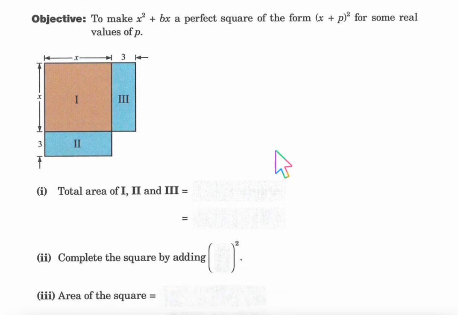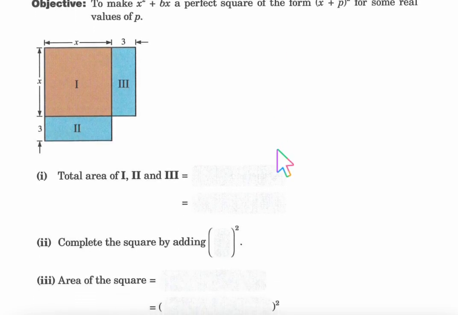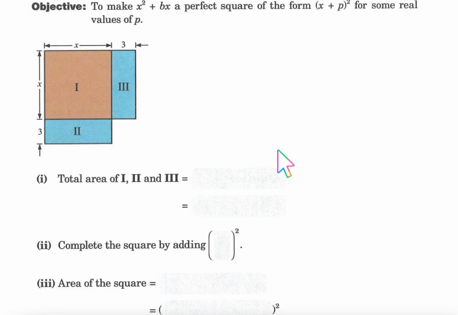So our objective, the goal, is that we need to make x squared plus bx a perfect square in the format x plus p squared. Okay, so here is the problem. They're giving you x squared plus 6x, and you need to figure out the answer.